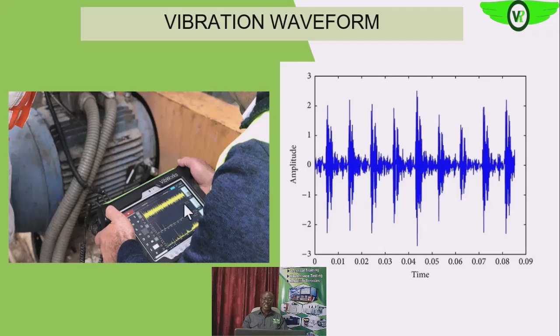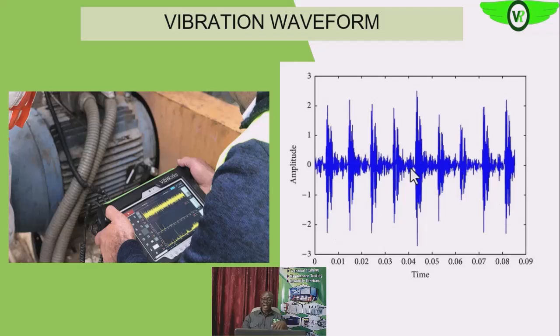So you see the waveform on the analyzer, looks like something on the right. This is the waveform. To the ordinary eye, this waveform does not make a lot of sense. It's just like the voltage and current waveform that we saw with the power quality analyzer the other time.